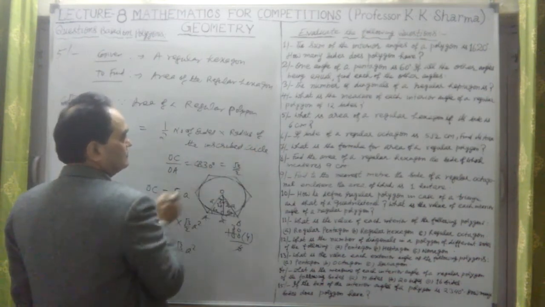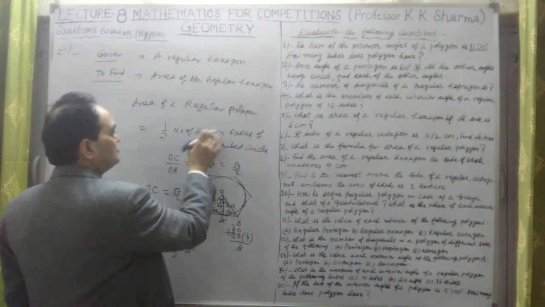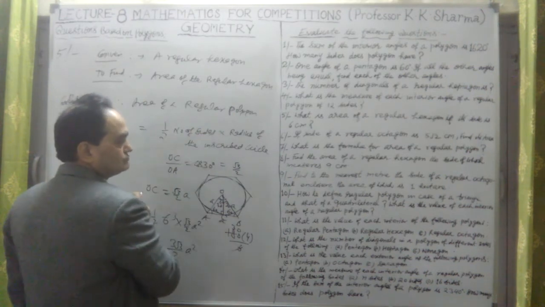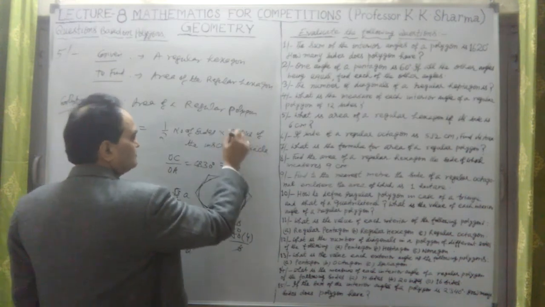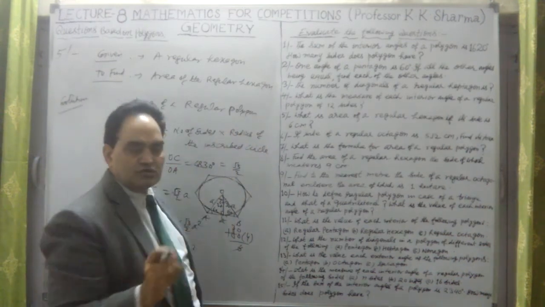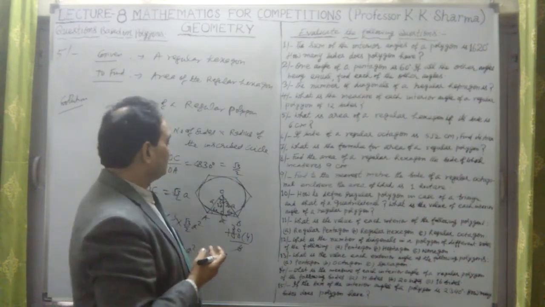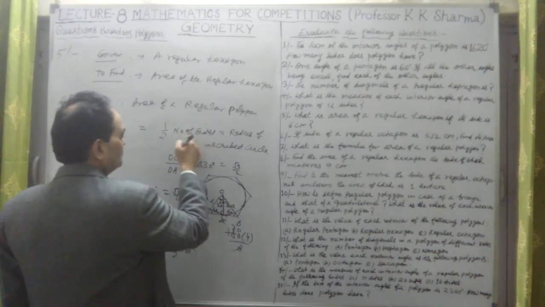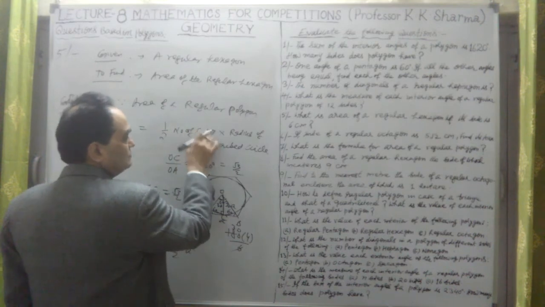Radius of the inscribed circle, undoubtedly, but number of sides into side also. Number of sides into that side. It must be, the radius of the inscribed circle is okay, so radius is in units only, but it is area. It must be into side also.